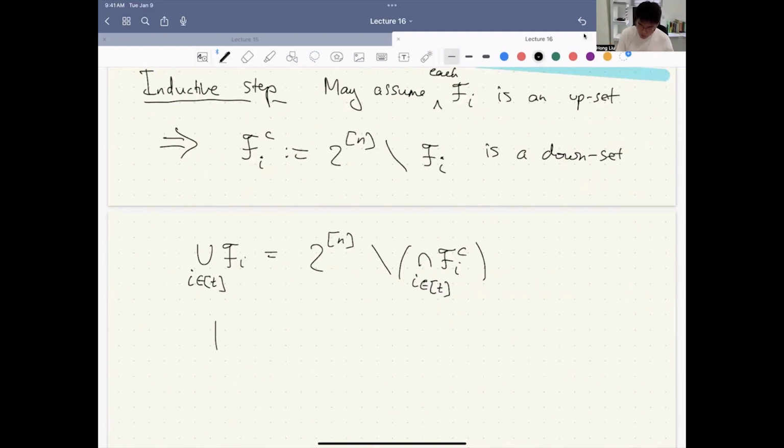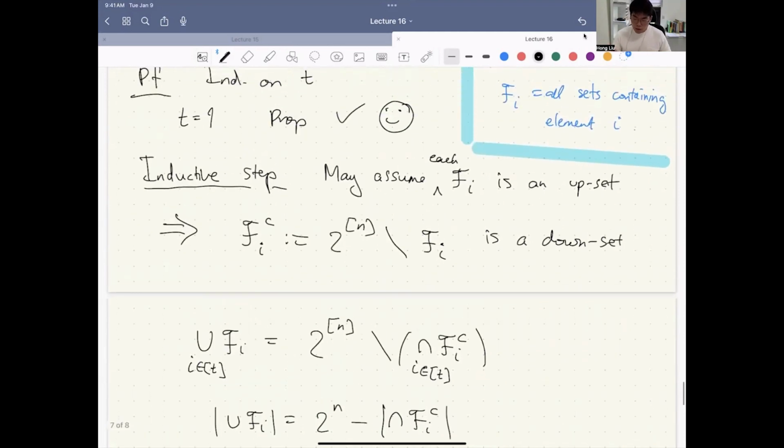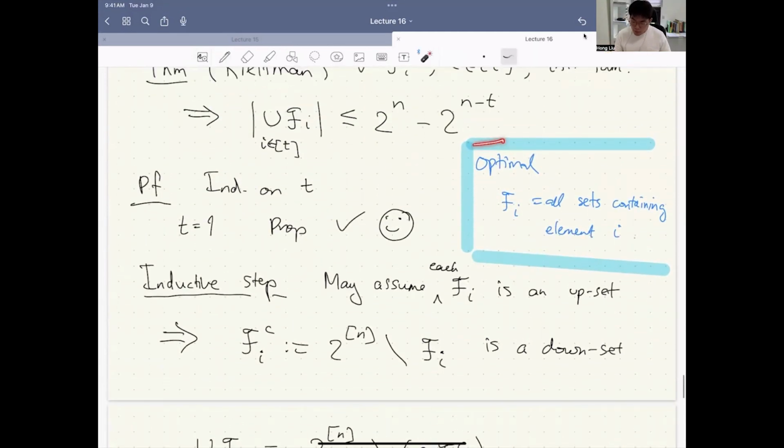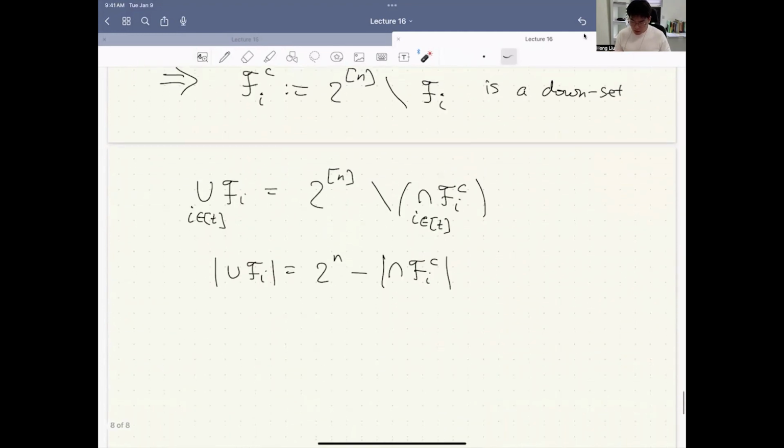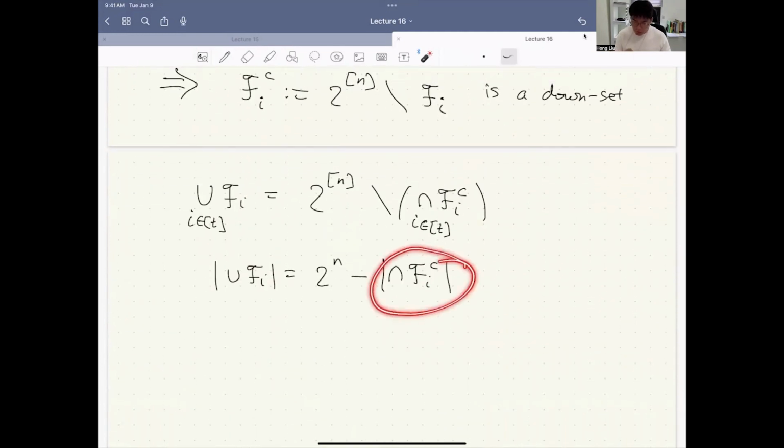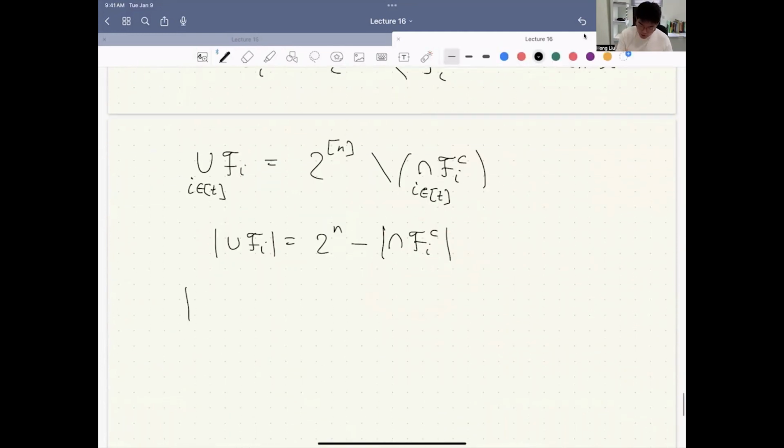In other words, the size of this equals 2 to the n minus the size of the intersection of these. So what do we need? We need the upper bound on this, which means we need the lower bound on this. So let's give a lower bound.